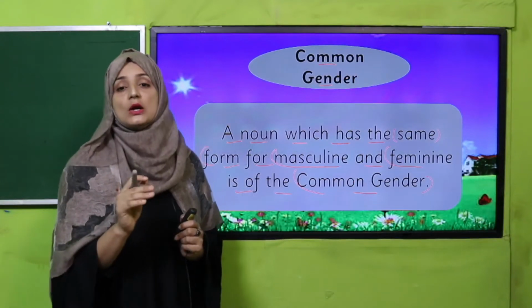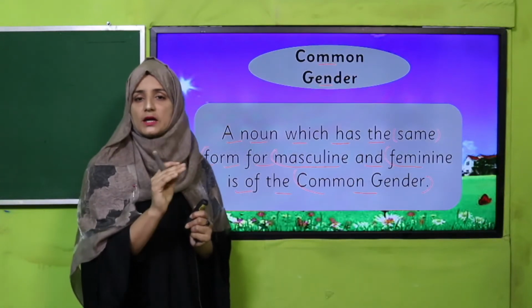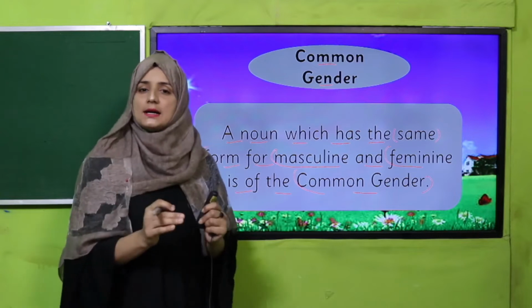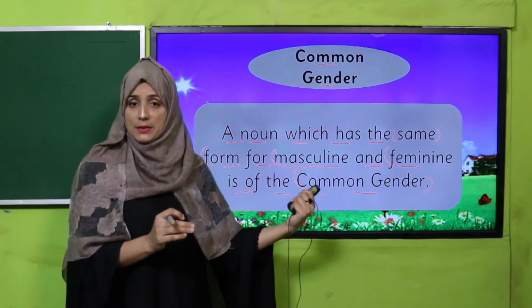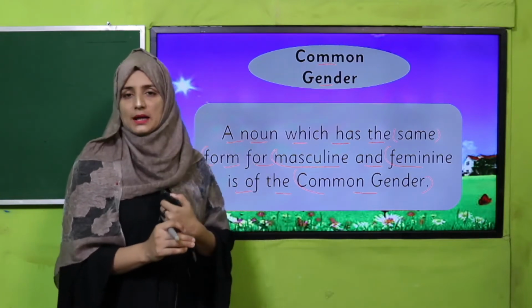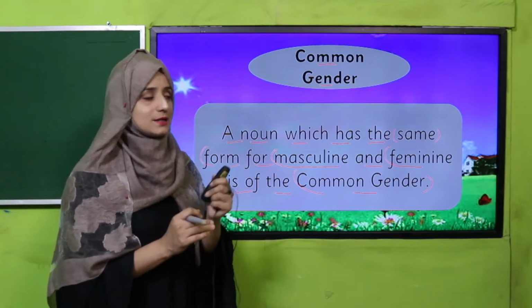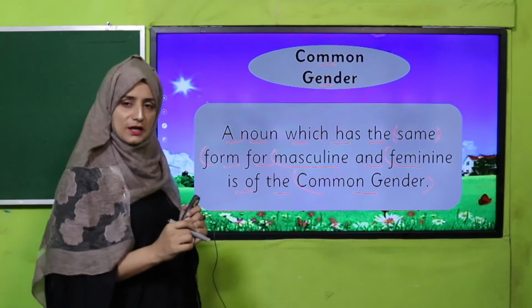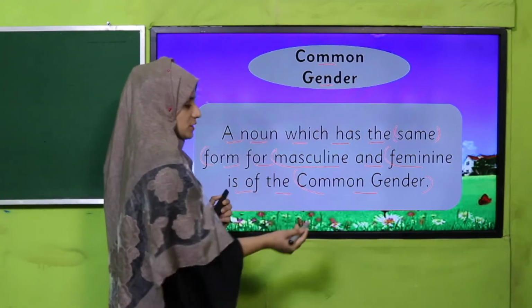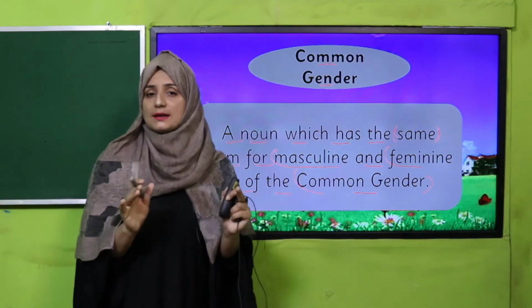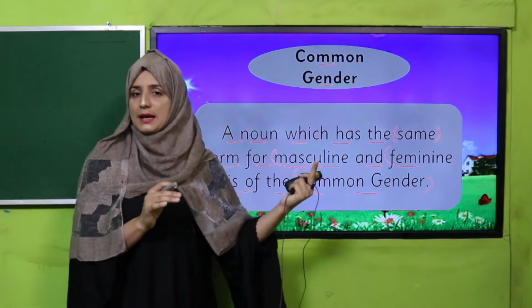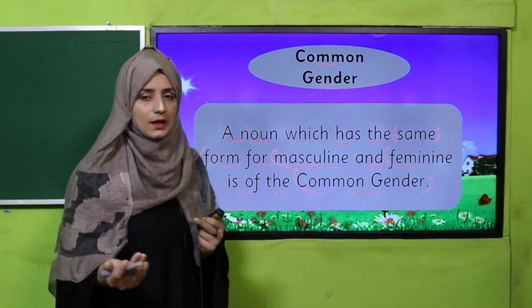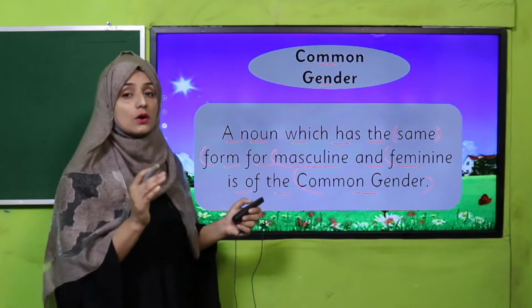Same form means which use the same term, and we cannot get through a word whether that is a male or female. So then we will get them as a common gender when it is not clear that he is a male or female. Okay, so then we will get them into common gender.